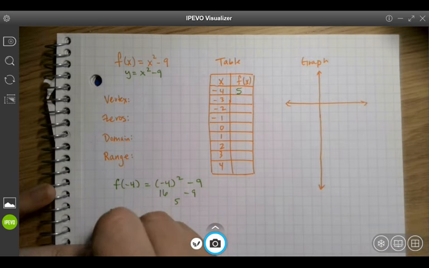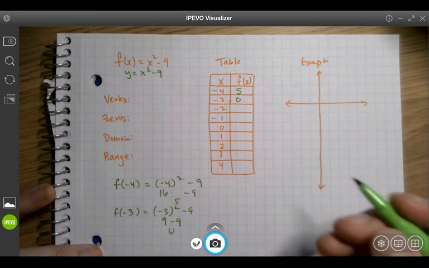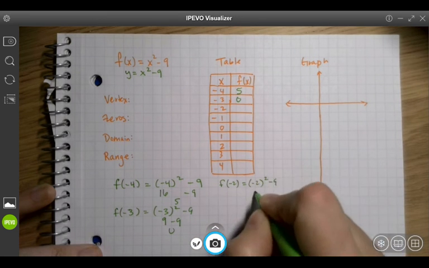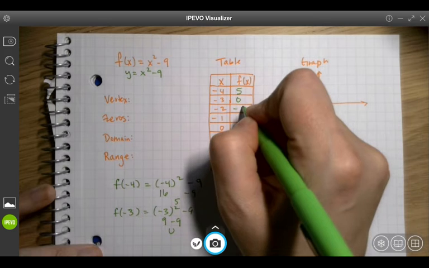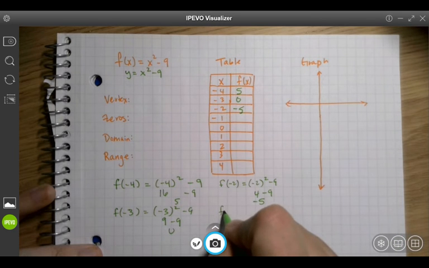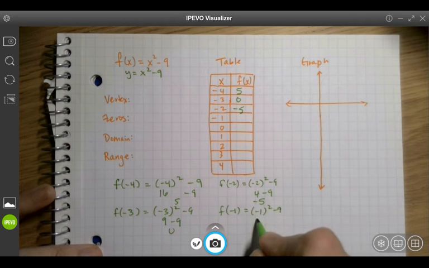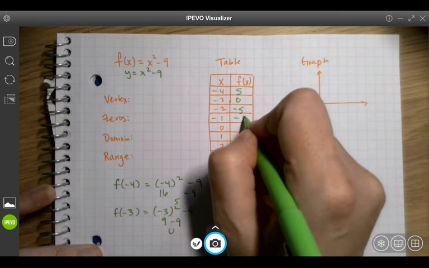Doing the next one, f of -3 is going to be (-3) squared minus 9. -3 times -3 is 9. 9 minus 9 is 0. f of -2 is going to be (-2) squared minus 9, which is 4 minus 9, which is -5, I believe. f of -1 is going to be (-1) squared minus 9, which is 1 minus 9, which is -8.